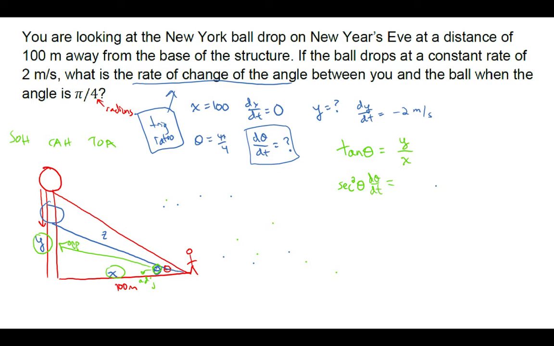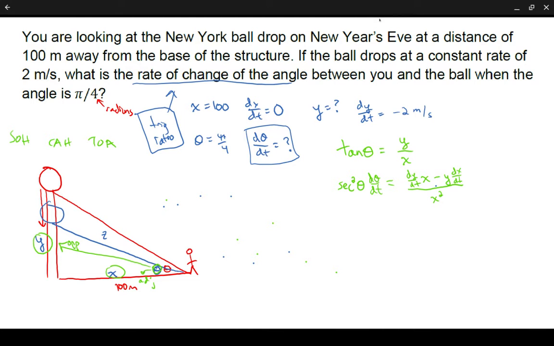With this other part, since it's a fraction, we would actually need to use the quotient rule. Don't forget, you can't just take the derivative of each one. So we take the derivative of the top, which should be dy dt, times the bottom, minus the top times the derivative of the bottom, dx dt, over the bottom squared. So we got some extra stuff going on here.